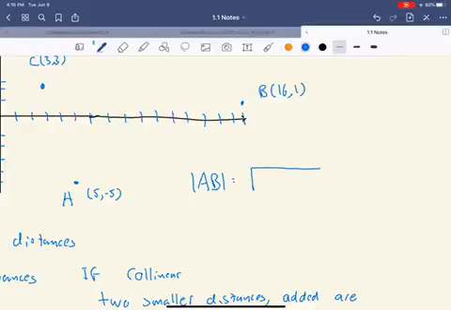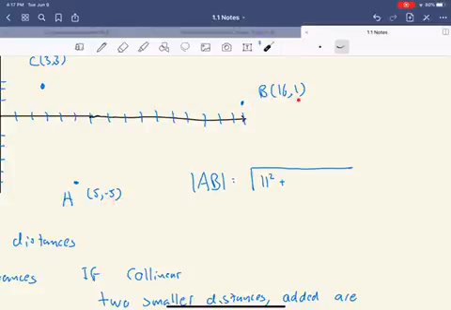that's going to be the square root. Now, we have to ask ourselves, what's the difference between 5 and 16? If you think about them on a number line, those are 11 apart, right? So 11 squared is the first part of our distance formula. How about the distance between negative 5 and 1?